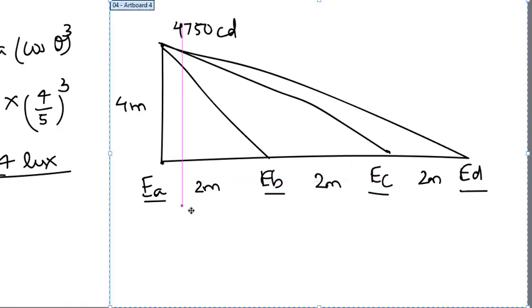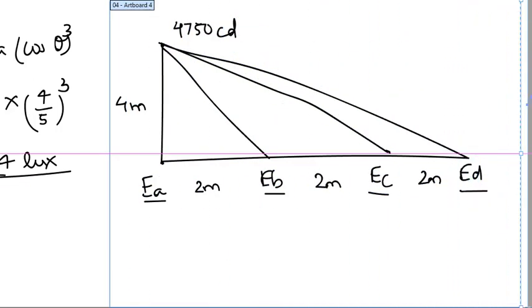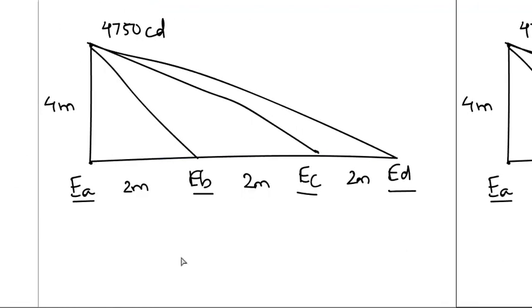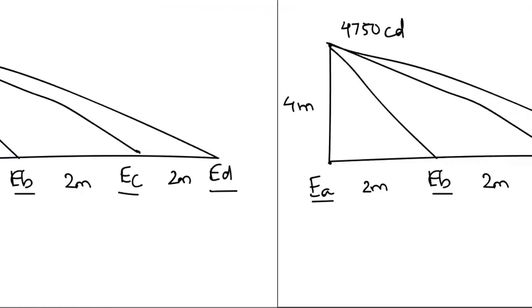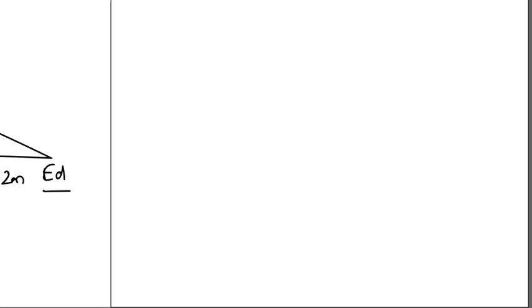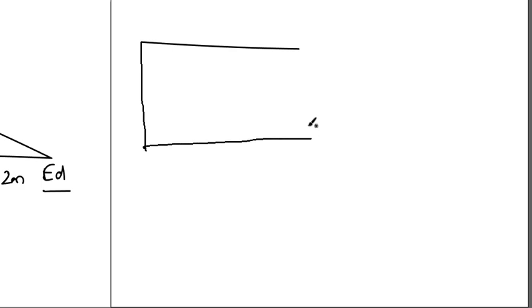And there is another concept. If you have problems given for a room in GATE, how will you tackle this one? For example, if I have a room, this is the plan, and I have 4 luminaires, one here, one here.